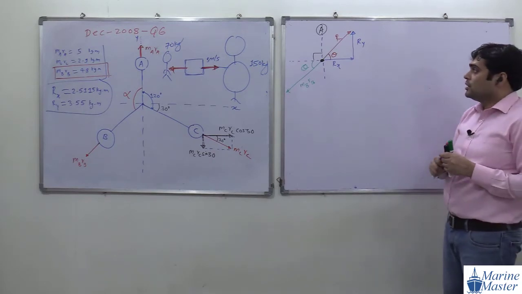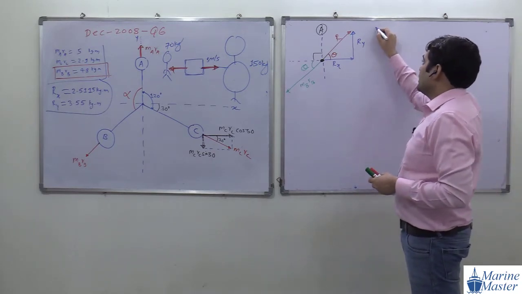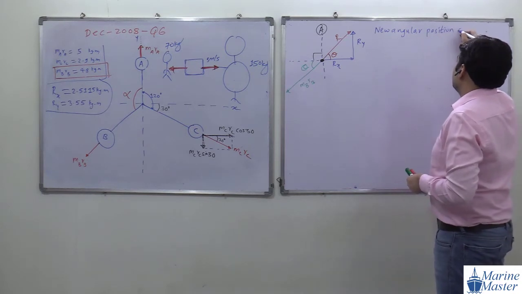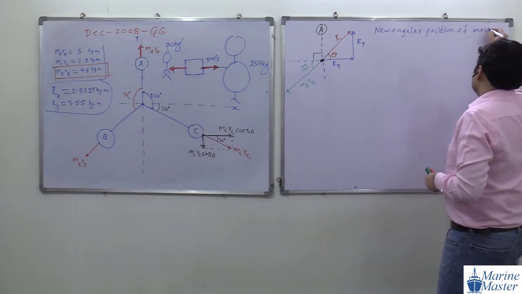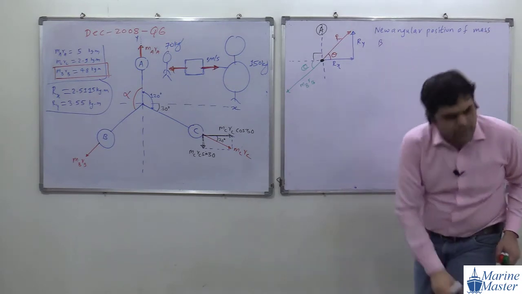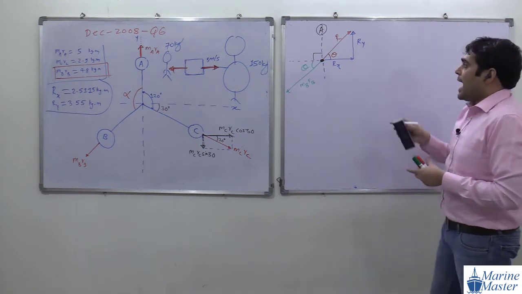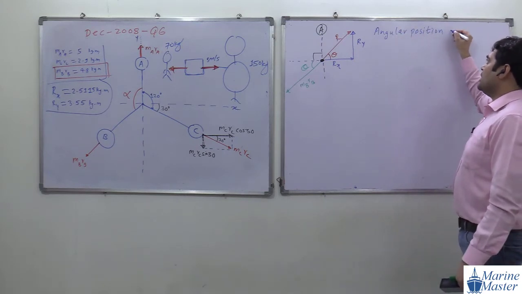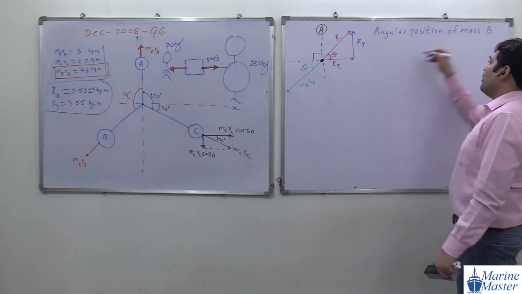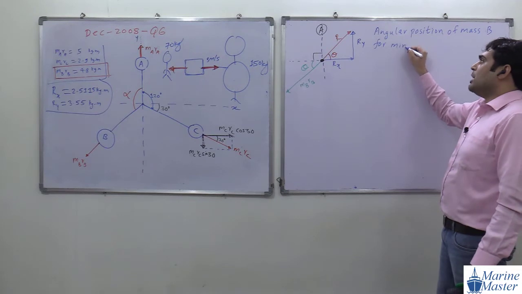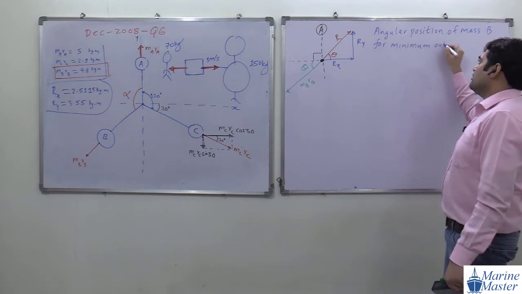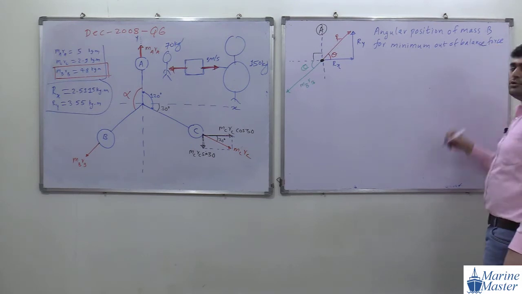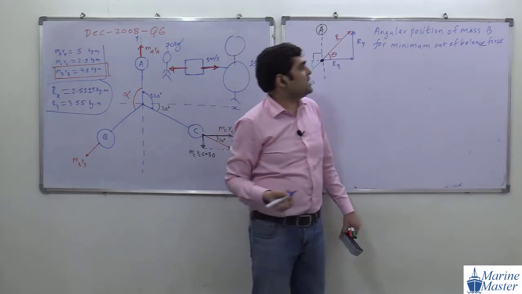New angular position of mass B, or in other words, angular position of mass B for minimum out of balance force. What will be the new angular position of mass B for minimum out of balance force? 90 plus theta.